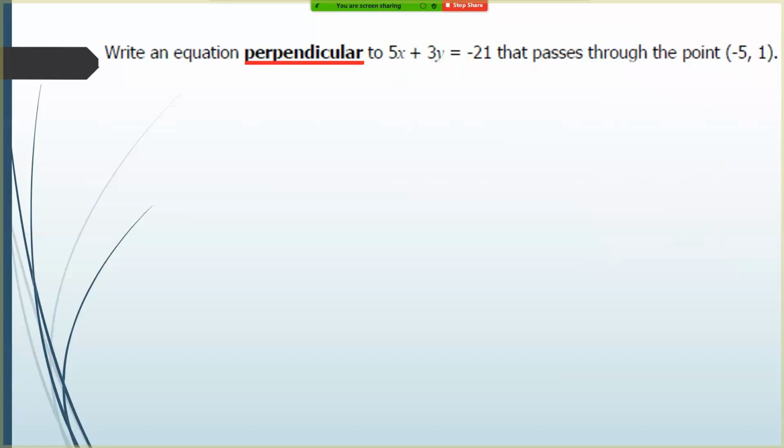So again, we've got to get y by itself so we can find out the slope of the original line. So we're going to subtract 5x. Then we're going to divide everything by 3.